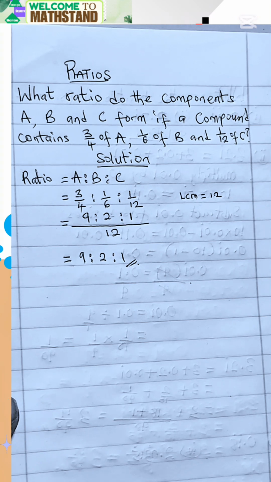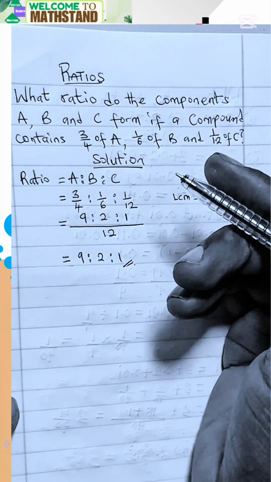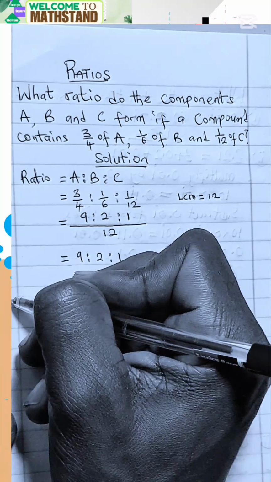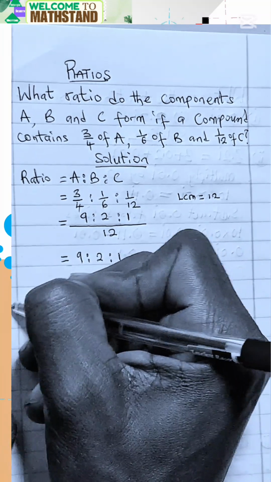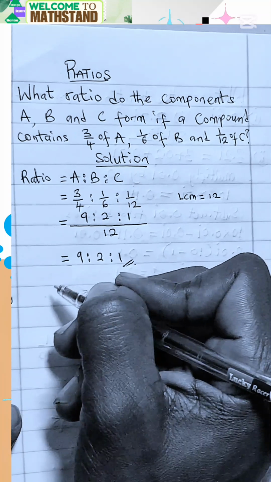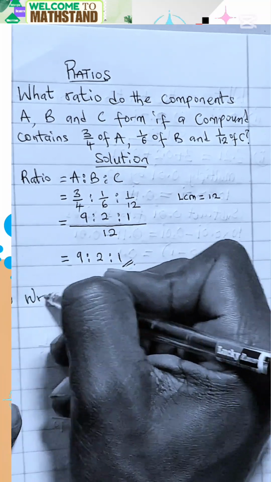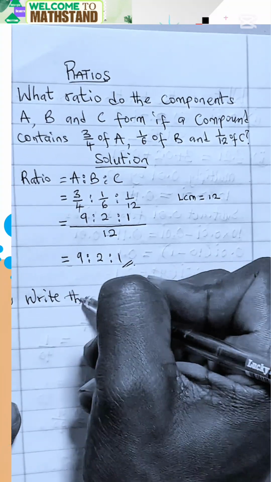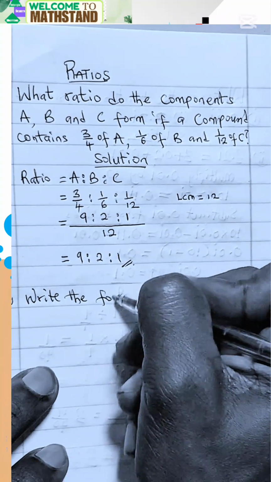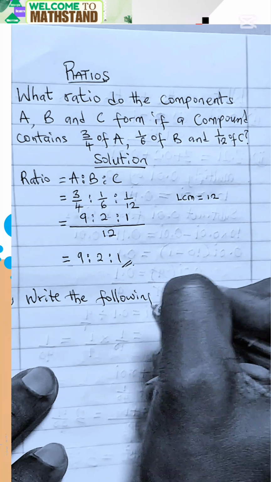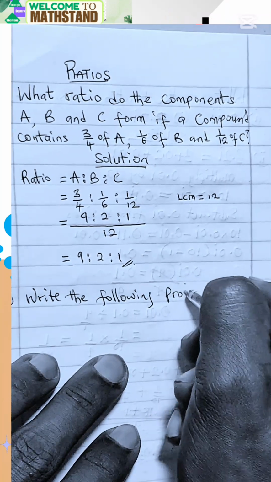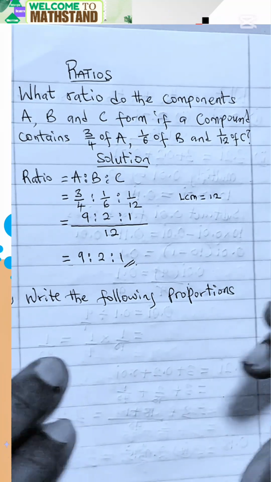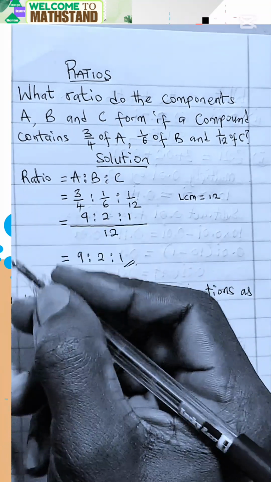So I want us to also look at some other one. I want you to look at this one. Write the following proportions as ratios.